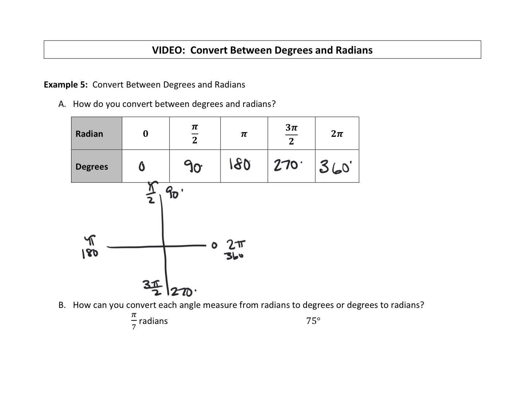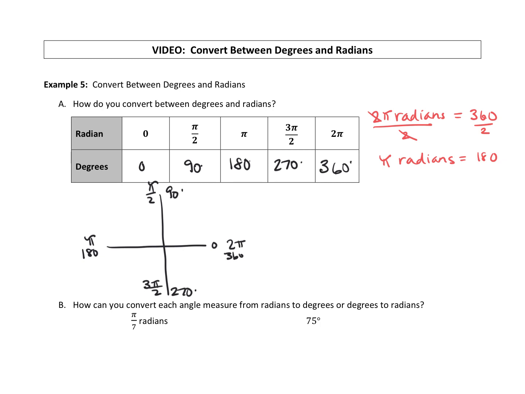So what we know is that 2 pi radians is equal to 360 degrees. We like to manipulate things in math. Let's work with this statement. If we divide both sides by 2, then pi radians is equal to 180.